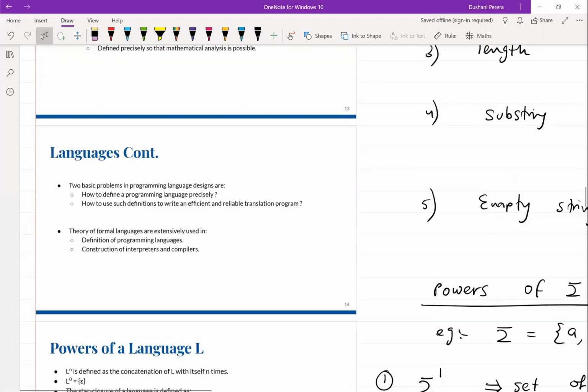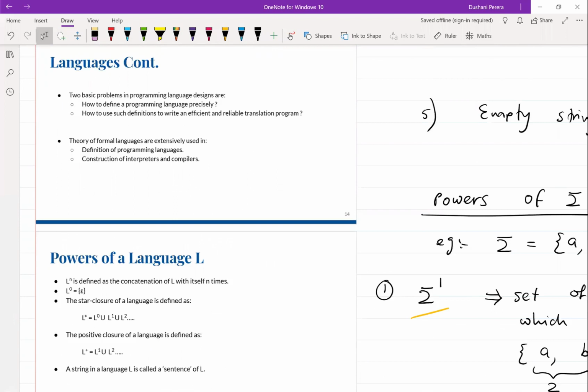Some basic problems that we might encounter when we work with languages are how we can define a language properly and accurately, and how to use those definitions in an efficient way so that we can generate a reliable program.